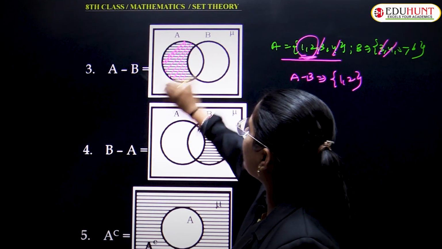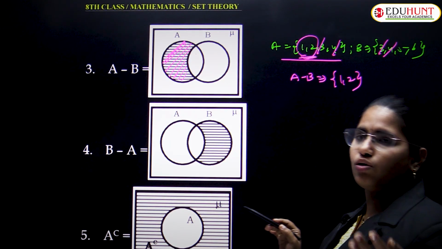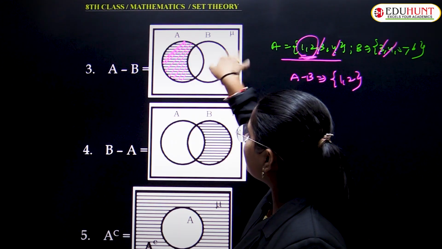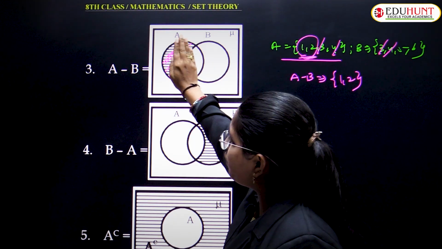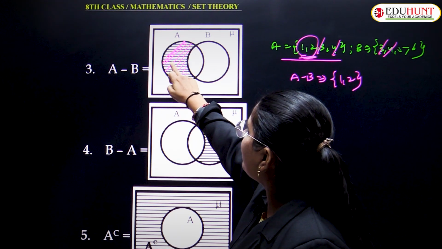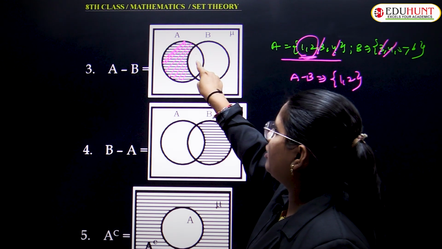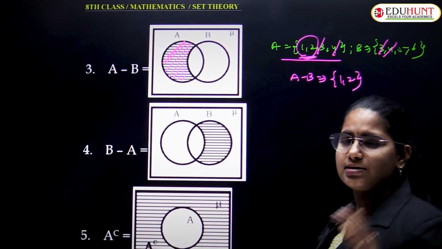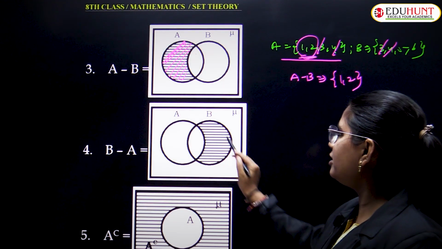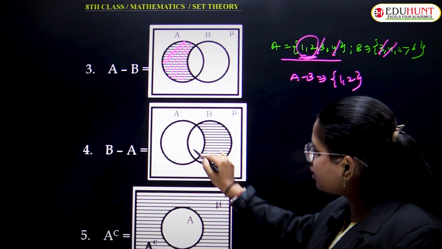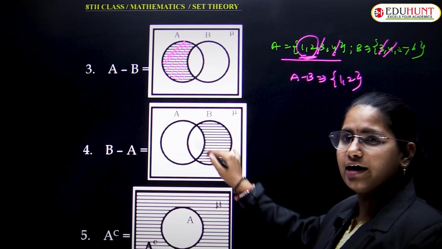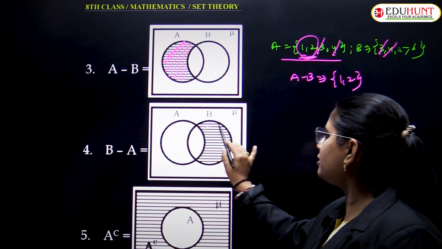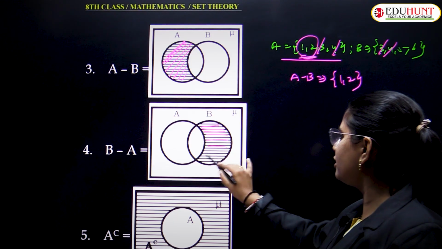So how do you express A minus B from the universal set? You take A and remove A intersection B, so A minus B is A minus A intersection B. Similarly for B minus A, I did not label this common part, I just labeled this part. B minus A is nothing but B minus A intersection B.